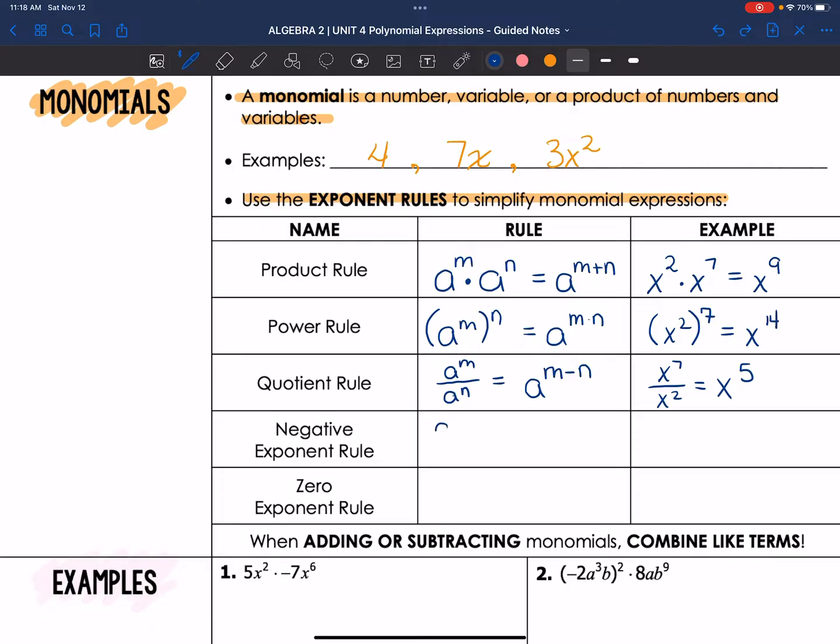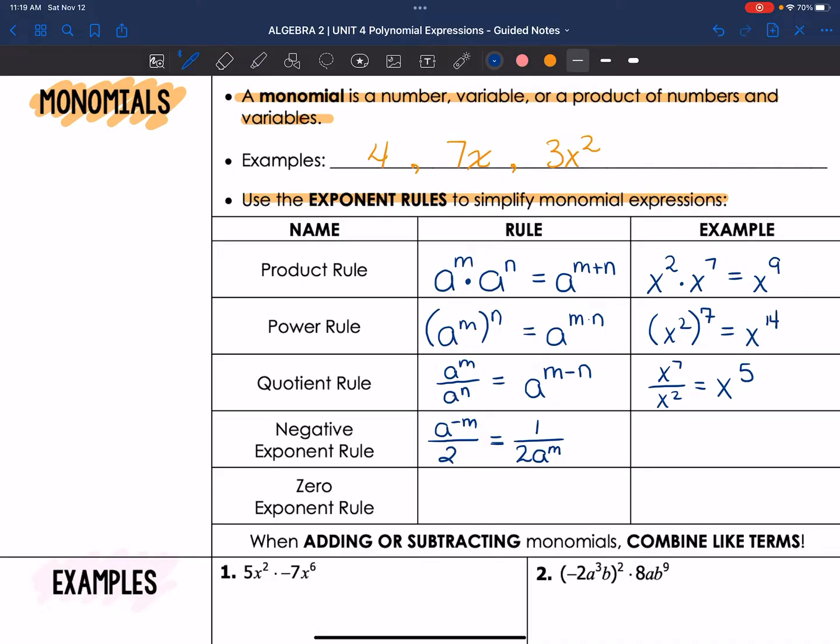Let's say we have a to the negative m power over a number, like let's say divided by 2. Then the way that we would write this would be to bring that base into the other location in your fraction. So if it was in the numerator, into your denominator, and make the power positive. And that would mean that we would have a 1 left in the numerator.